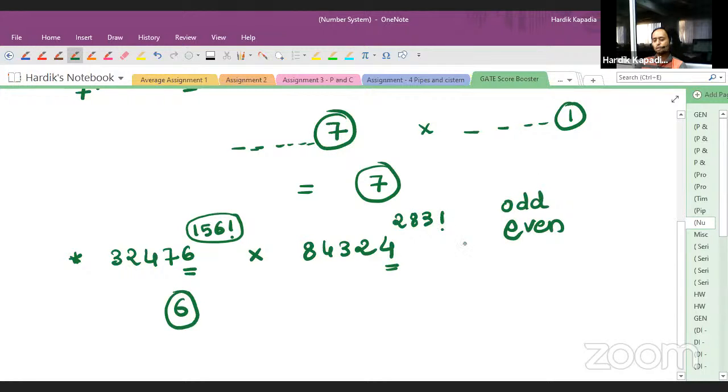So 4 to the 1 is 4, 4 to the 2 is 16, 4 to the 3 is 64, and so on. So the cycle of 4, 6, 4, 6, 4, 6, it is a cycle of 2. If the exponent is even, you will get 6, and if it is odd, you will get 4.